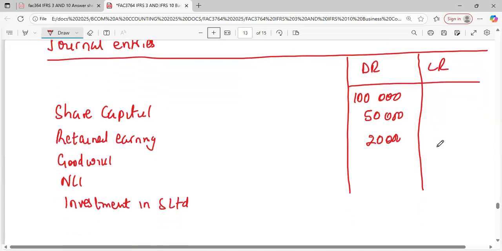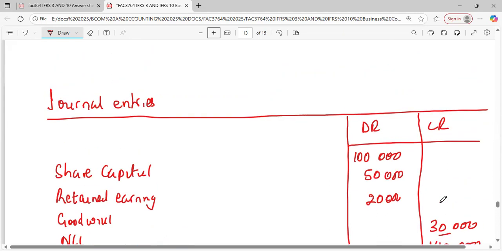So we credit the NCI 30,000, and the investment in S Limited is 140,000. So it must balance if we add these. So we are only left now with the NCI and the investment in S Limited. So that's the first journal.